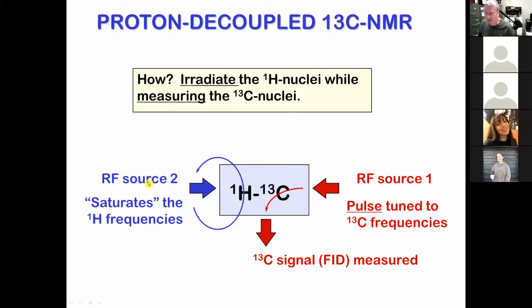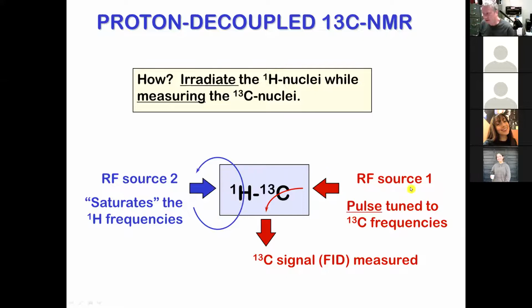Remember, NMR is based on RF radiation, radio frequency, and we can use two different RF sources. One of them, we're going to saturate the proton frequencies. So we're going to blast the proton frequencies with the frequency of proton, which is 4 times the frequency of carbon.